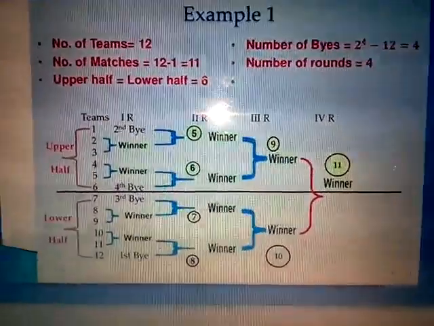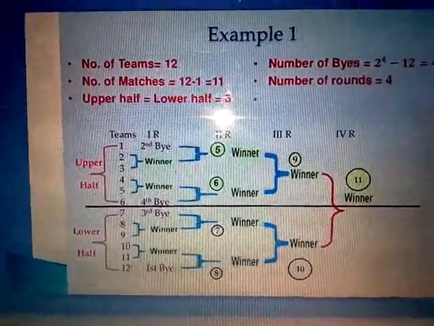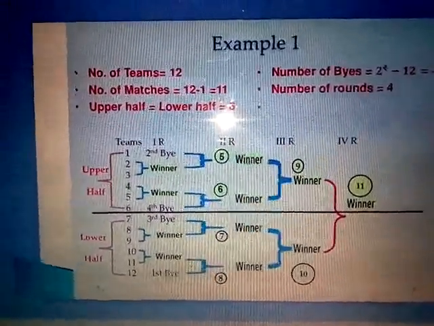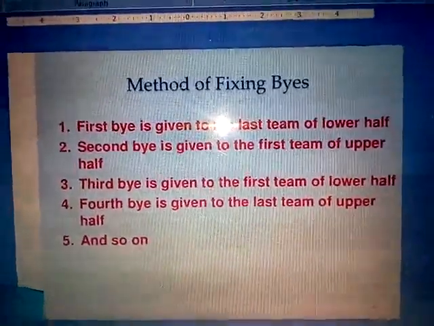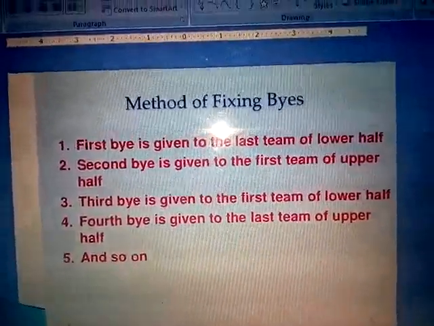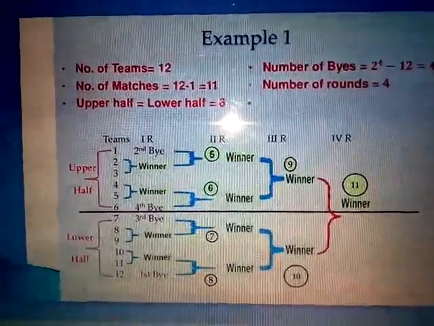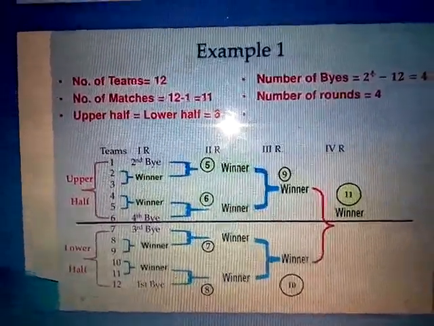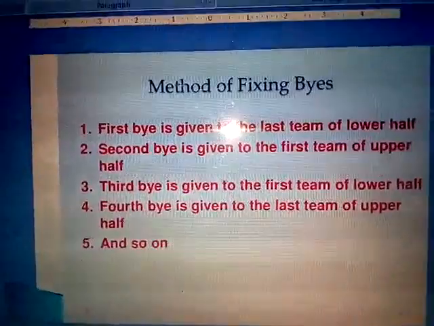You can see in this slide, the first bye is given to the 12th number team, which is in the lower half. Now the second bye is given to the first team of the upper half. The first team of the upper half is number 1. You can see in the slide, the second bye is given to the first team of the upper half.